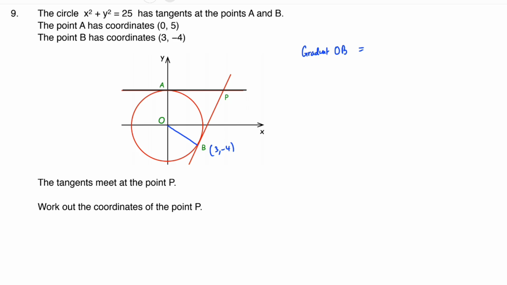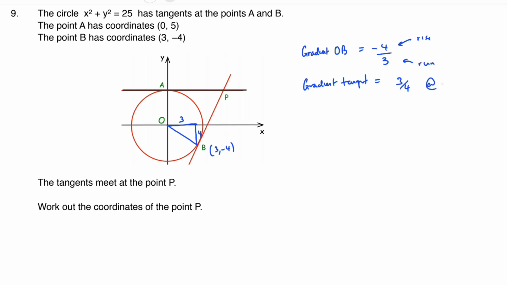So we go across 3 and down 4. So the rise is negative. The gradient is minus 4 over 3. Remember, rise over run. Therefore, the gradient of the tangent is 3 over 4.